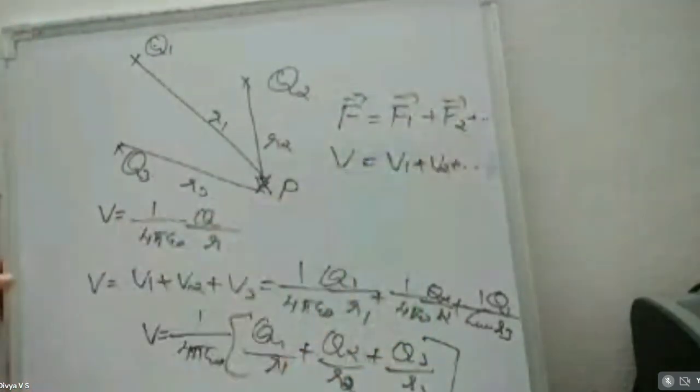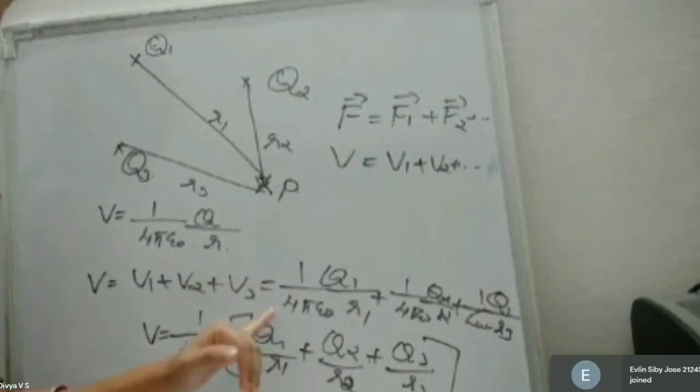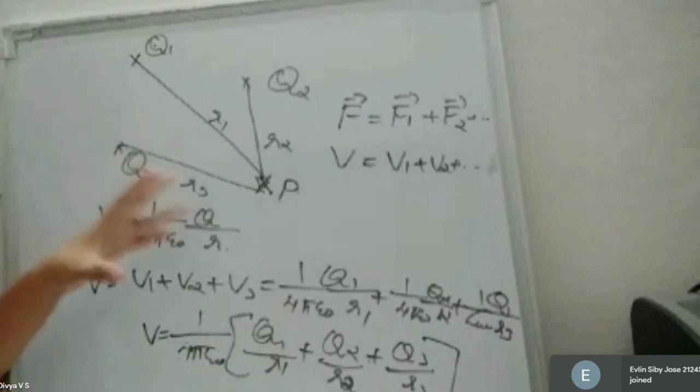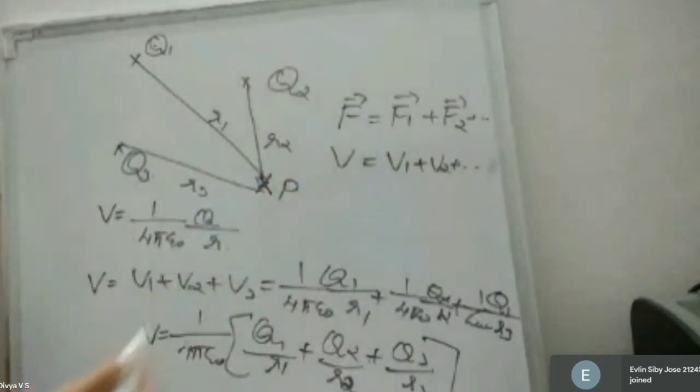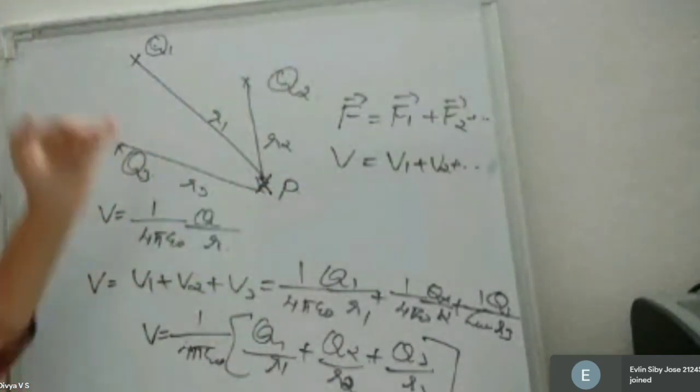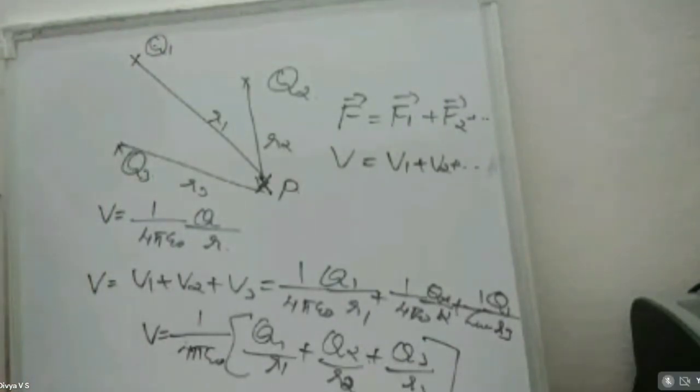If more than 3 charges are there, plus etc. So V equals 1 by 4 pi epsilon 0 summation of Q by R. This is the potential at a particular point due to a system of charges if more than one point charge is present.